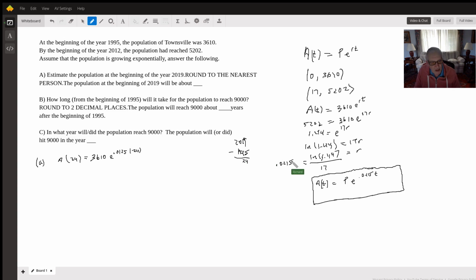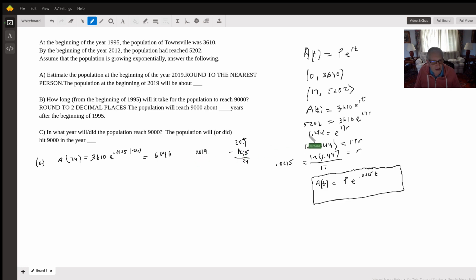So we just replace T with 24, and of course we know the starting amount was 3610. And I put that into my calculator, and I'm getting 6046 as the population at the beginning of 2019.